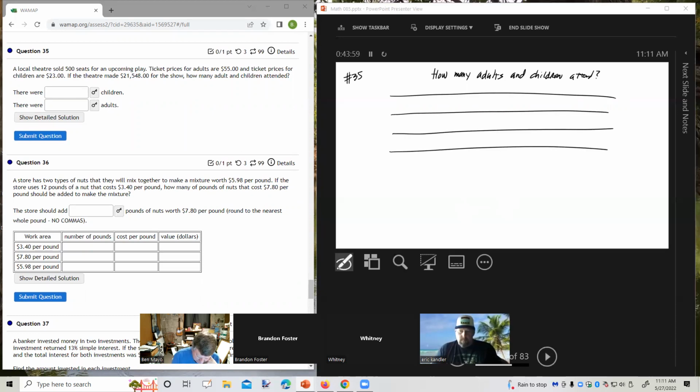Let's see here. We've got adults, children, because each person represents one ticket, right? A local theater sold 500 seats. Number of each.